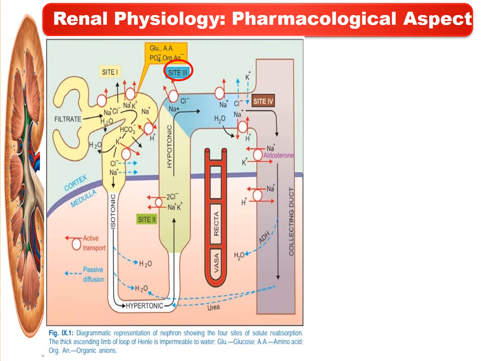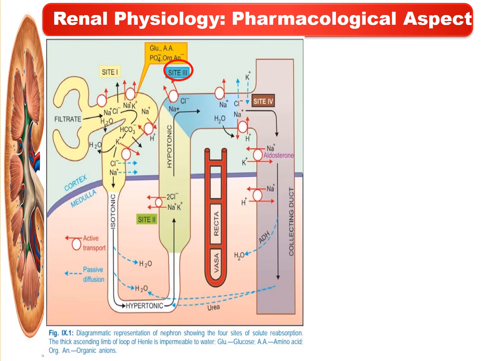This hypertonic urine moves towards site 2, the thick ascending loop of Henle. Here also, the reabsorption of salt takes place through a stoichiometric ratio of sodium, potassium and 2 chloride with the help of the sodium-potassium ATPase and the sodium chloride synthetase.